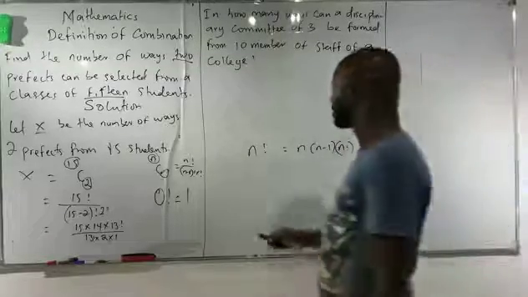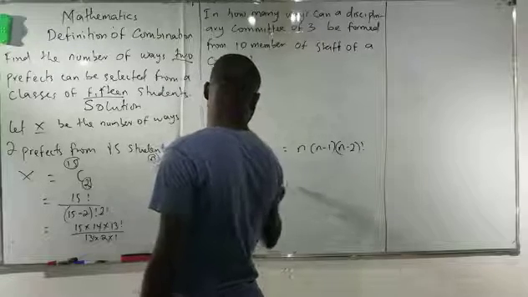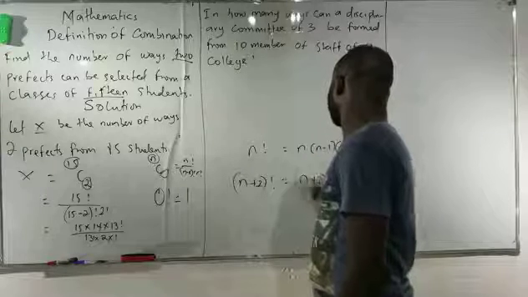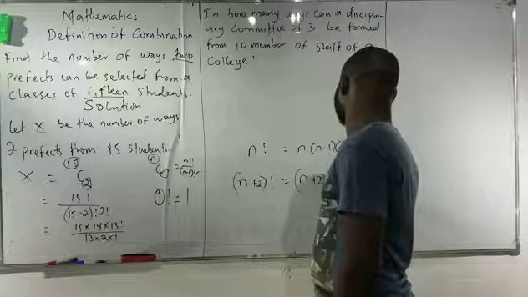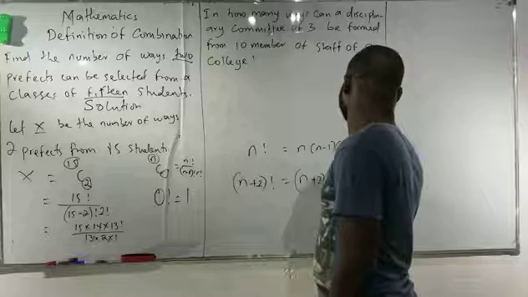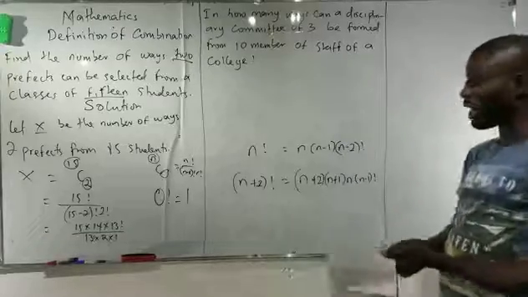And if I have (n plus 2) factorial, it can also be written as (n plus 2)(n plus 1)(n)(n minus 1), depending on what you are working on.